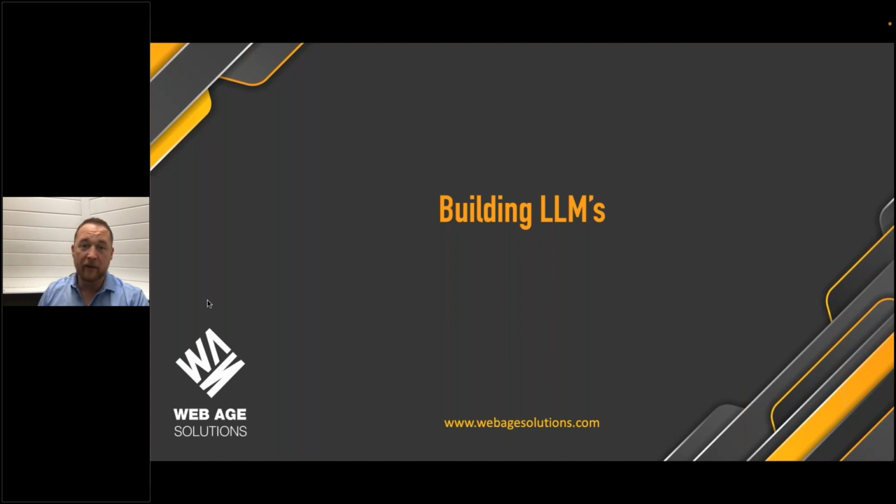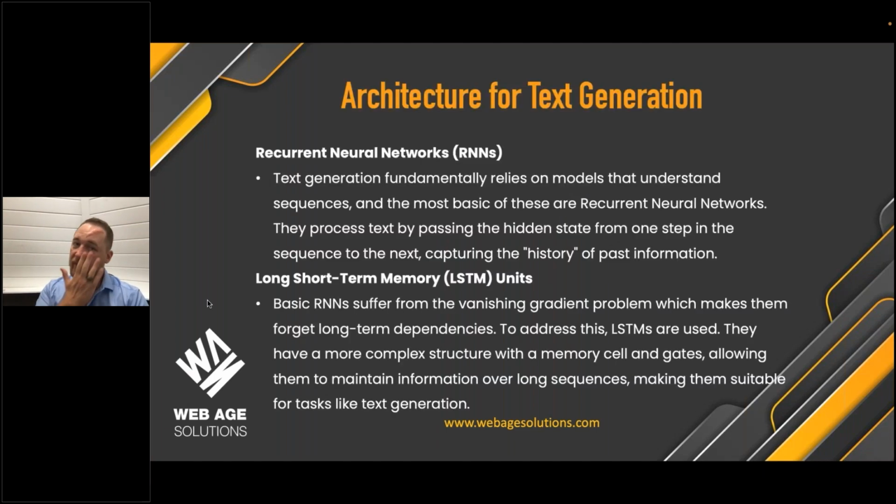Now, when we're talking about large language models, some of the units that we use are recurrent neural networks. And the big benefit of RNNs is that they have a feedback loop which enables attention from the previous point in the network.